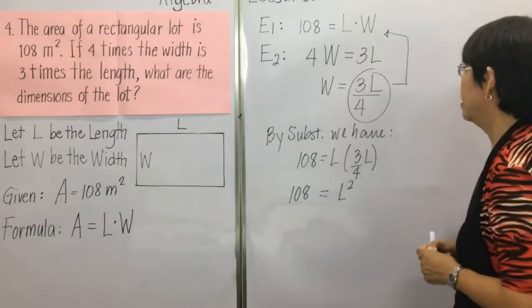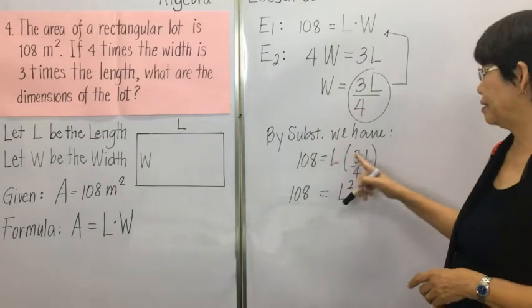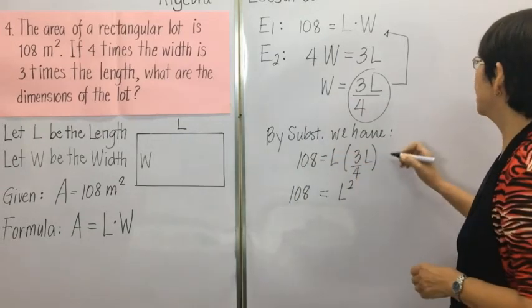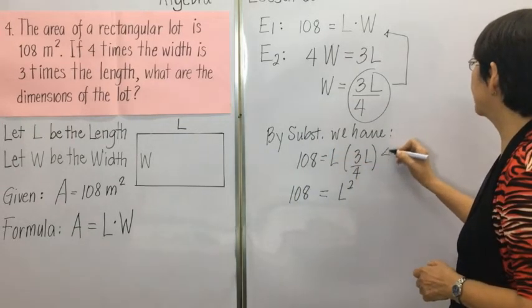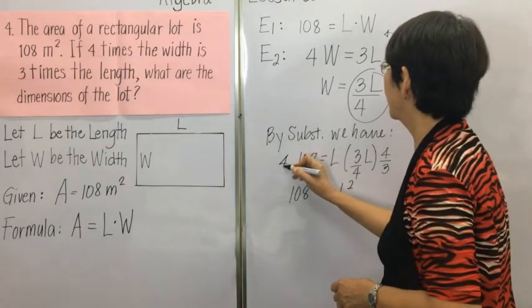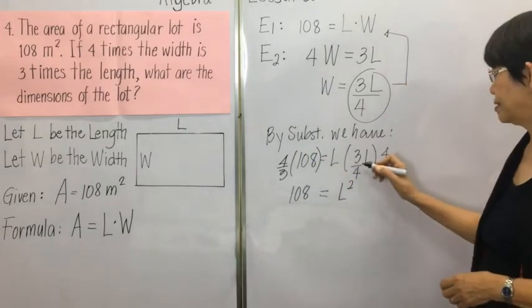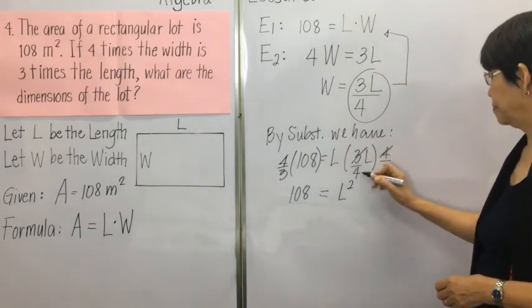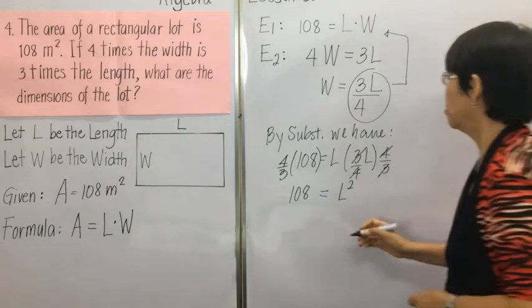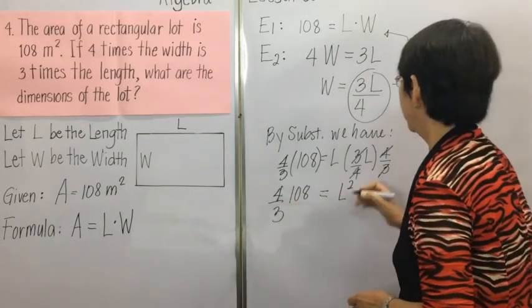And then we multiply both sides of this by 4/3 to be able to cancel this. So we multiply this by 4/3.